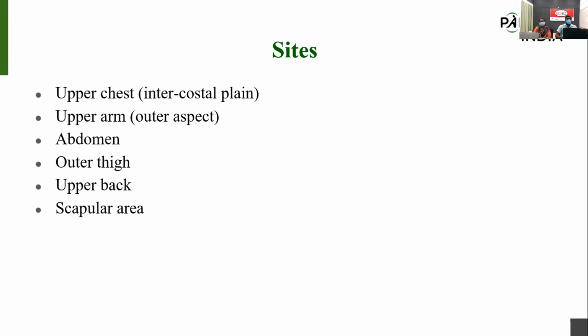Mainly we need to care about one area, upper chest or intercostal plane. If we are choosing this area for a female patient, we need to ensure it's not including the breast tissues. If we prick and give in breast tissues, it will harm the tissues. So this area we need to be more careful about.